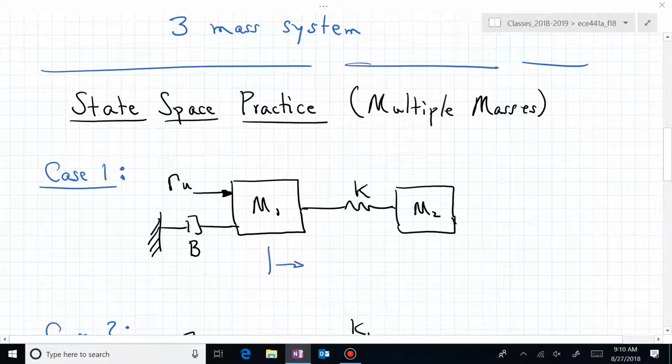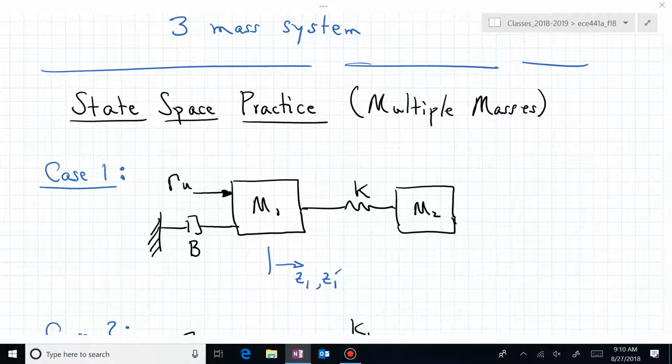Well, we always have this guy that we can fall back on. We've already done that. We need its position and velocity. And can't we do the same thing for the second mass? If we called its position, we draw a line in the sand and say, here's z sub 2 and z sub 2 prime. How many variables does that represent? 4. That's the number of state variables we would be expecting from this particular system.